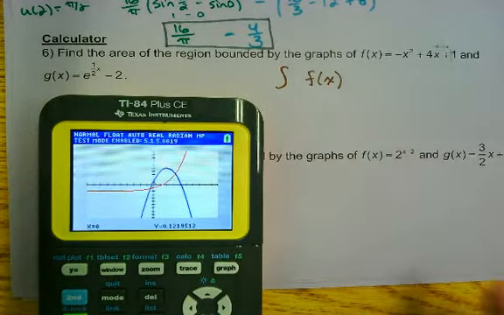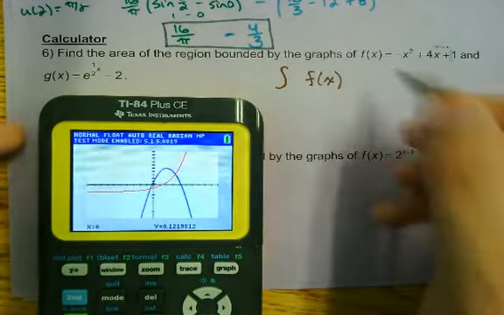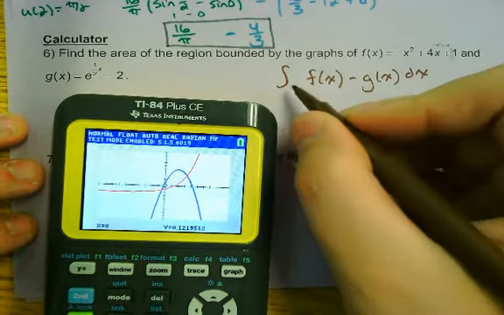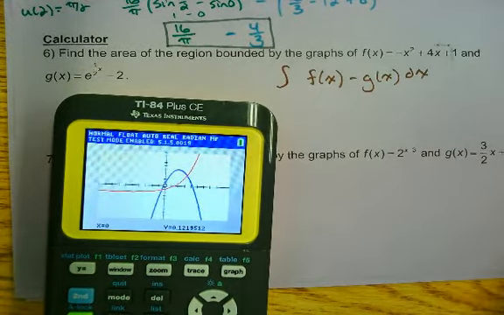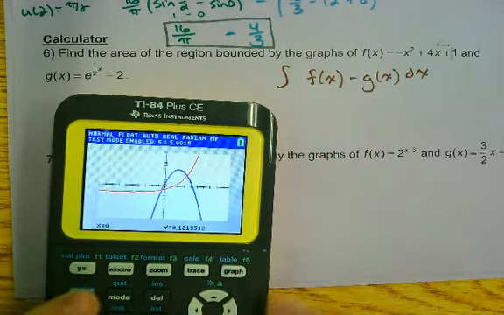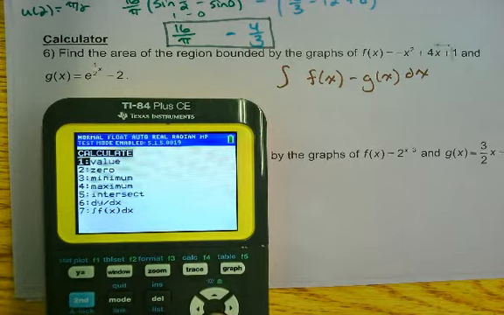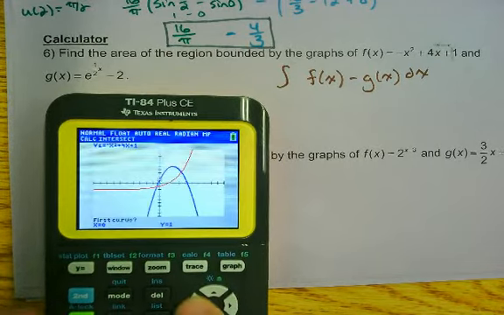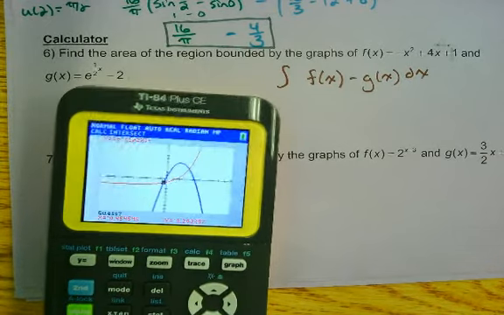Save yourself time. It's f of x minus g of x dx. I do not know the bounds. This is what I need to do, is find the bounds. And how do I do that? Hit second trace, and you're going to find the intersection. How many intersections are there? It's 2. Just get the little guy near one of the 2 intersections, and just hit enter 3 times. It's going to ask you 3 questions.